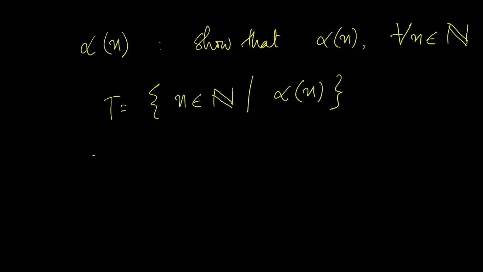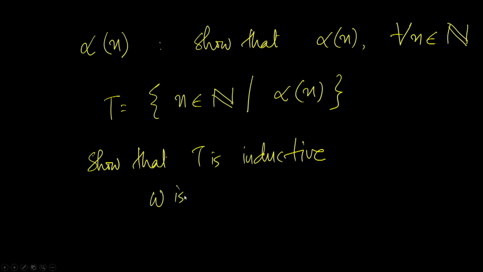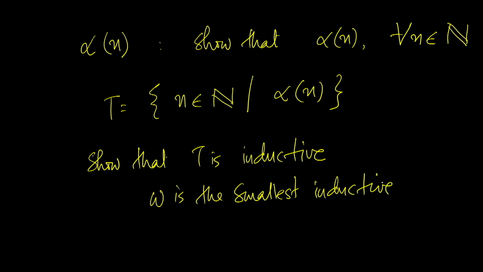Suppose we prove that T is inductive. Then we would be done, because the smallest inductive set is omega, and omega is the same as the set of all natural numbers. So, once we show that T is inductive, we would be done.